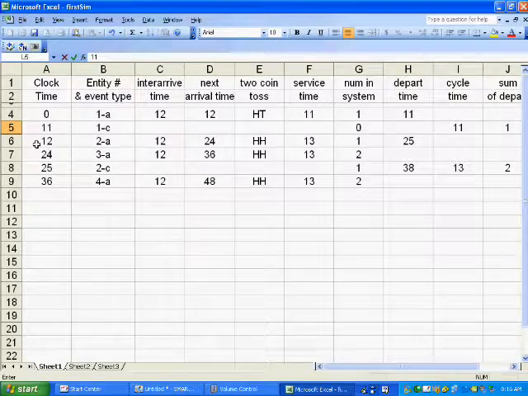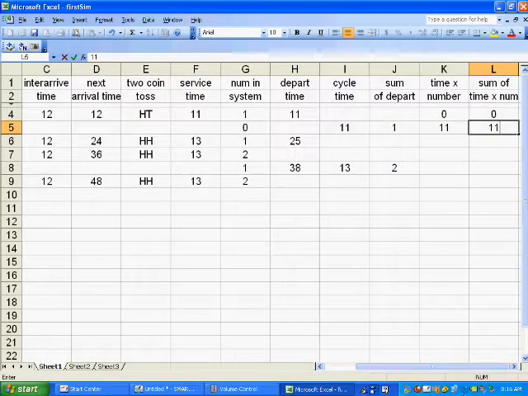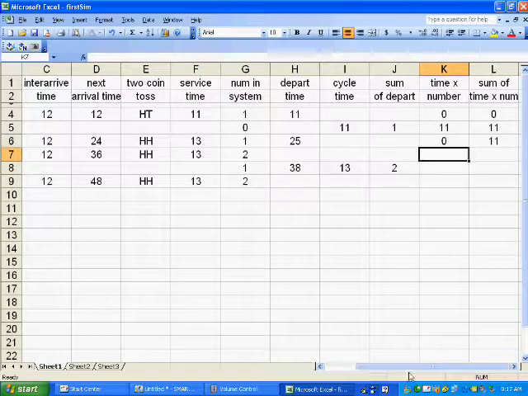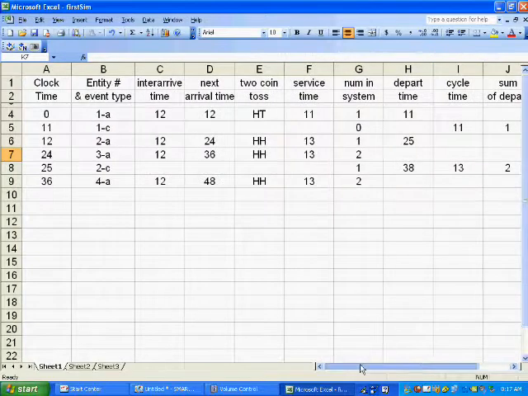What's the number in the system? We're looking backwards. What was the number over that 1? 0. 1 times 0 is 0, and our accumulation then is 11. Every time an event occurs, we're going to look backwards in time and add that bit of area.